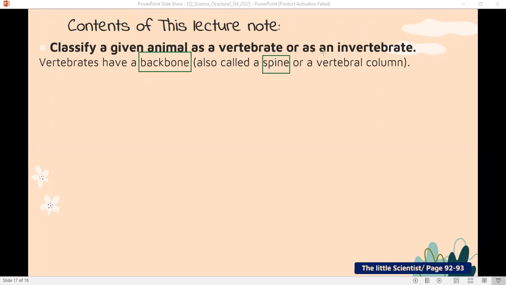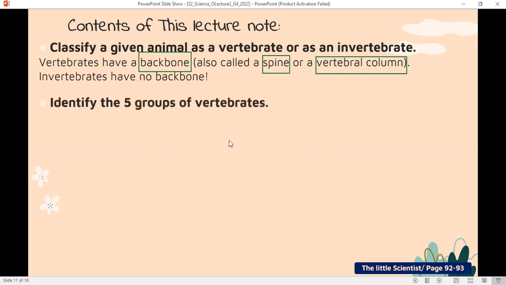These are three different names for the same part. It is the line of bones found in your back, the backbone, the spine, the vertebral column. Invertebrates, such as the octopus, the snail, the jellyfish, don't have a backbone, and they are called invertebrates.